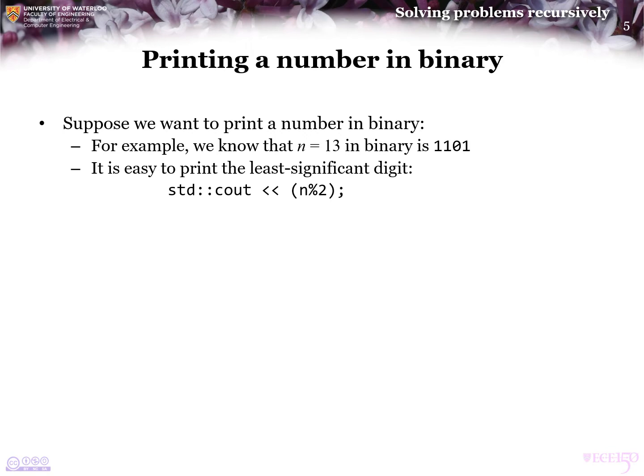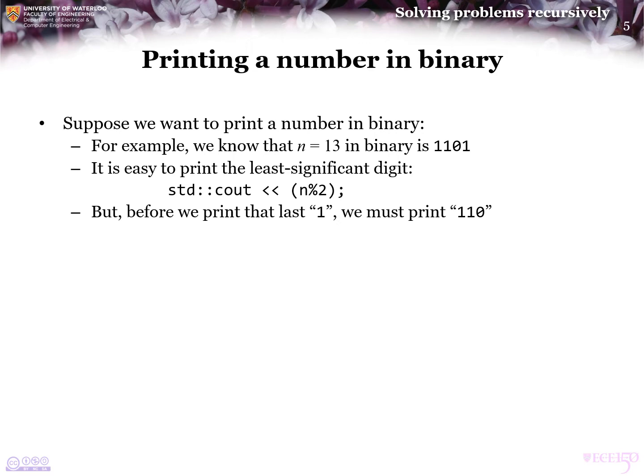It's easy enough to print out the least significant digit, 1, by simply calculating n modulo 2. That is the remainder when n is divided by 2. But before we can print that last one, we have to first print the first 3 bits, 110.